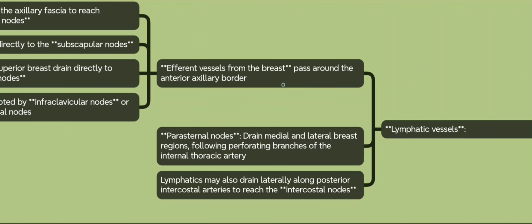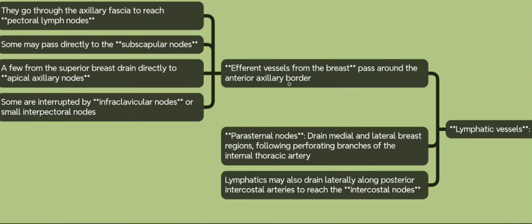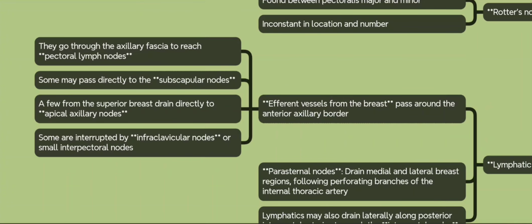Efferent vessels from the breast, that's lymphatics which drain from the breast, pass around the anterior axillary border. They go through the axillary fascia to reach the pectoral lymph nodes. Some may pass directly to the subscapular nodes.